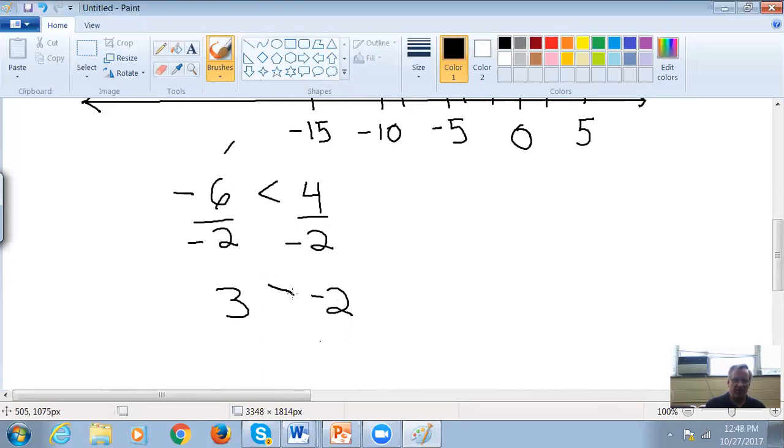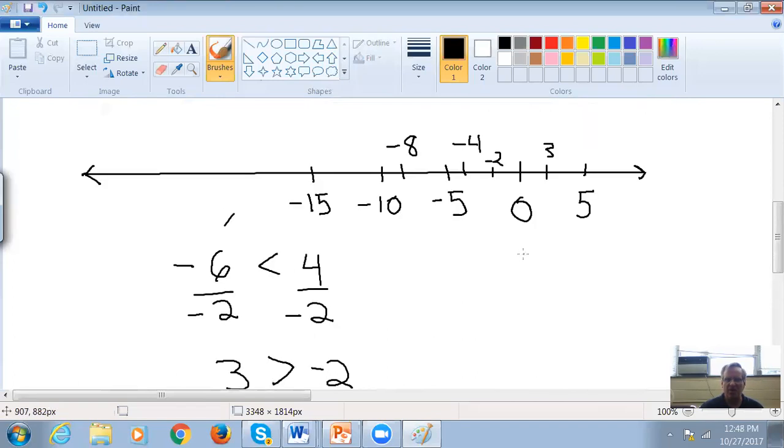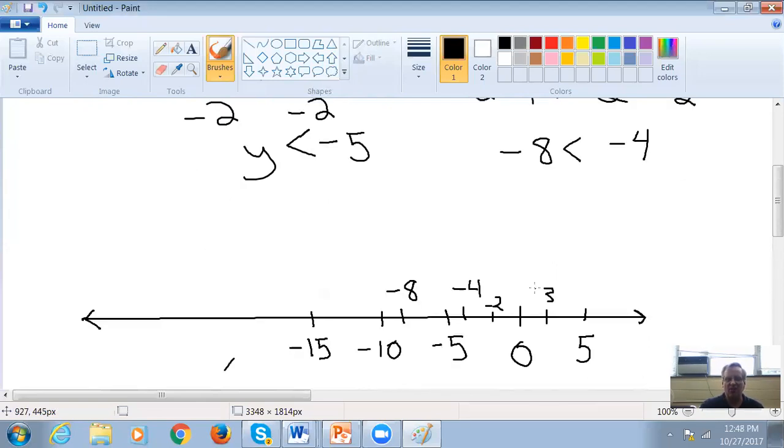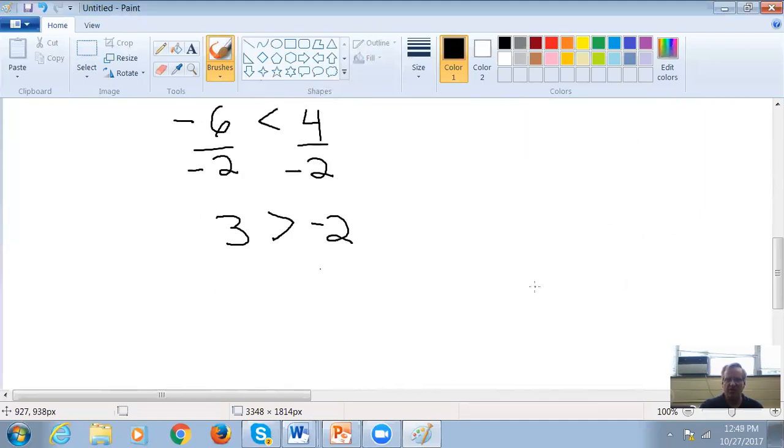Instead of less than, this is going to become a greater than. 3 is greater than negative 2. So you can show your students this method, and show them why your inequality sign flips. It flips because your numbers change, and the number that used to be the bigger number is now the smaller number. So if they see it a couple times, they'll realize and they'll remember why to flip the inequality sign instead of just following the rule.